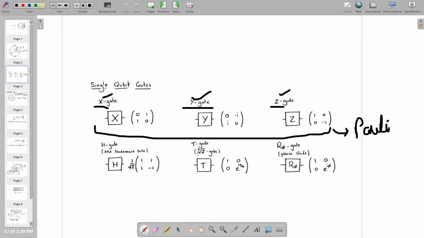Let me tell you about the T gate. This is the first special form of the Z gate. Basically, the Z gate further has an S gate and a T gate. The S gate is nothing but root Z, a root Z rotation. If Z rotates by 180 degrees, S rotates by 90 degrees, and the T gate is the fourth root of Z, so it just rotates by pi by 4.